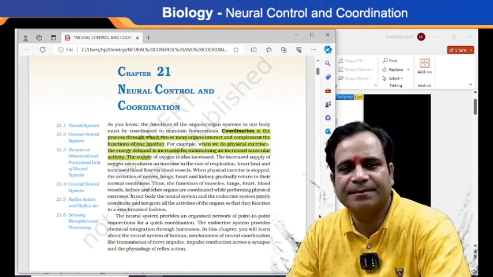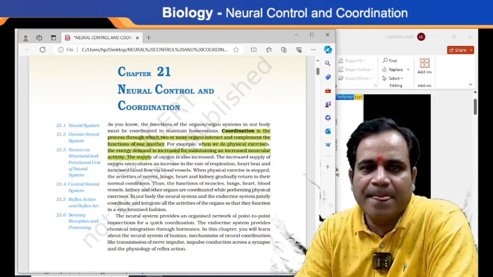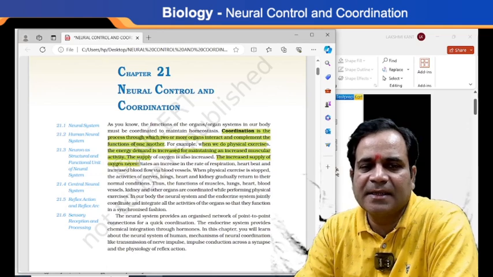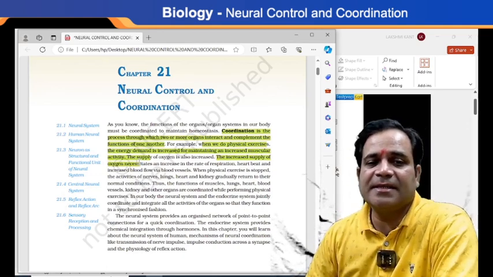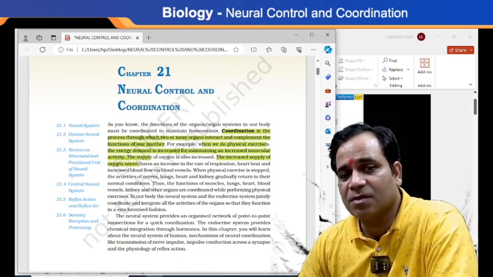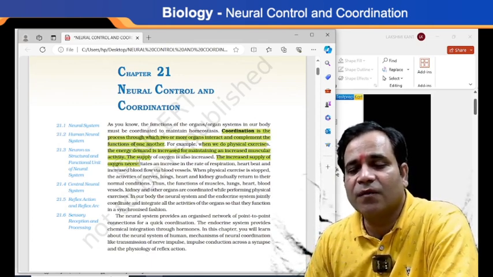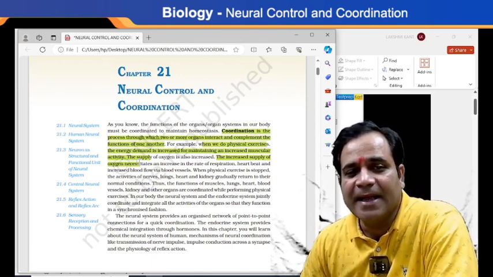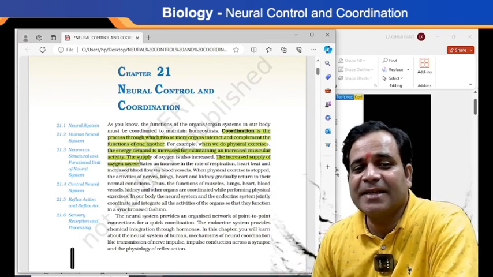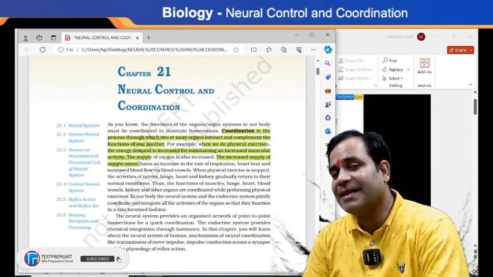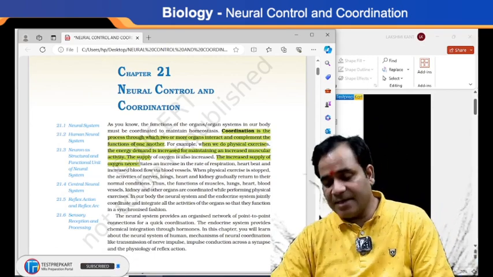Is that clear? See, the increased supply of oxygen necessitates an increase in the rate of respiration also. If we climb to the third or fourth floor of a building, at that moment there is an increase in the rate of heartbeat. You know why? Because at that time our body cells need more oxygen.